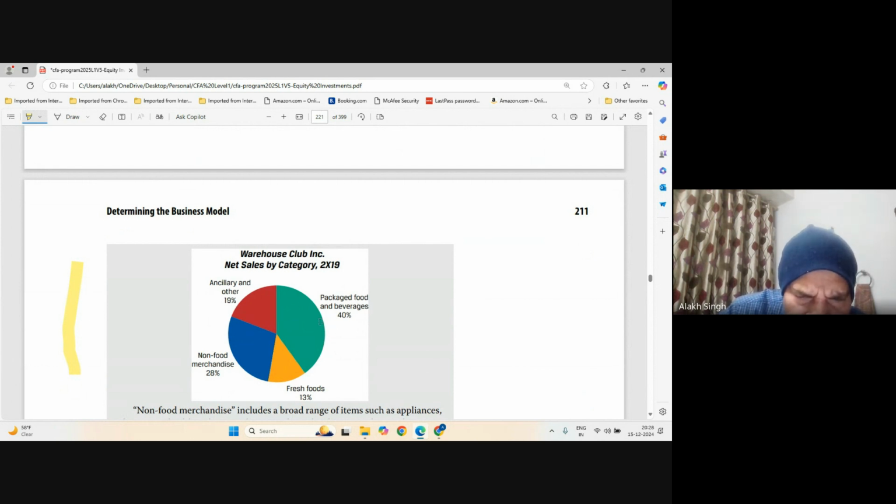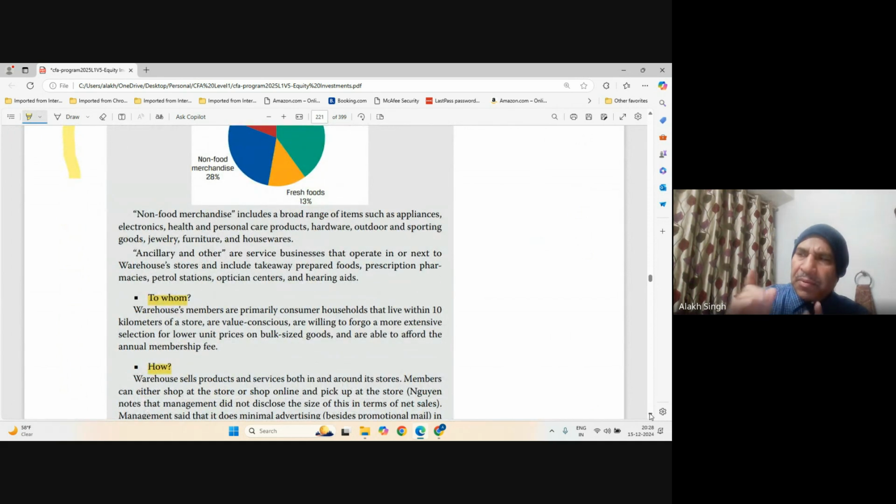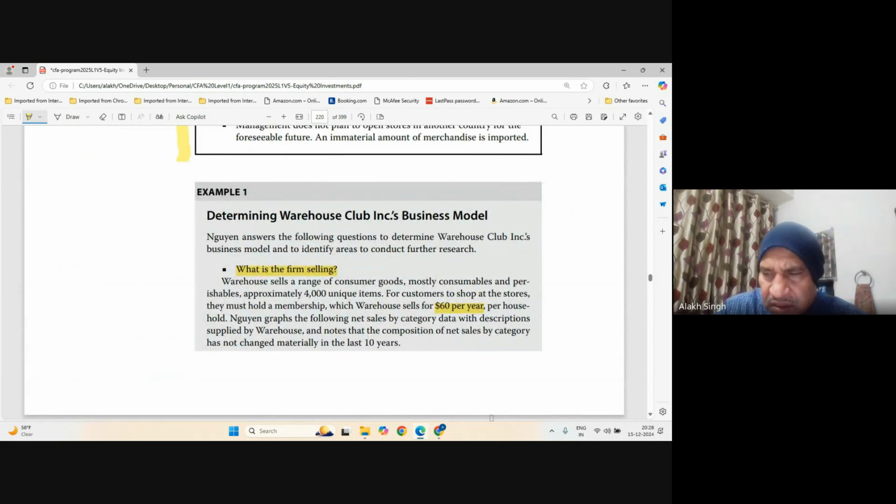Food and beverages 40%, fresh food 13%, packaged food, and fresh food. Non-food merchandise 28% and ancillary other 19%, and he said 4,000 items anyway. So that is what he had prepared. So in the first part of the business model, he prepared what the product of the company is. So what is the firm selling?